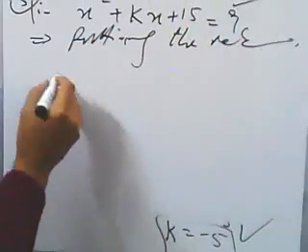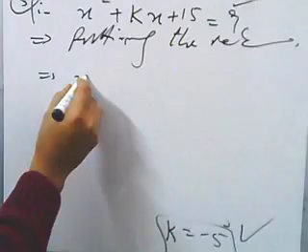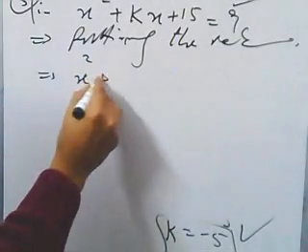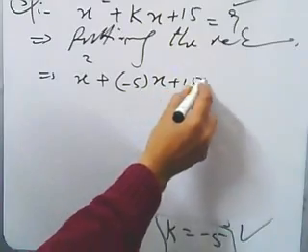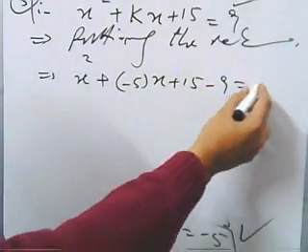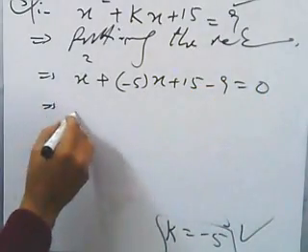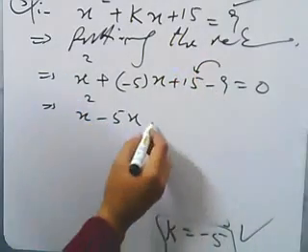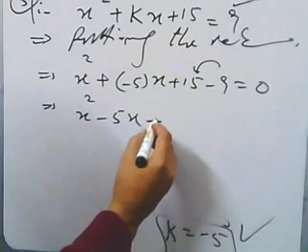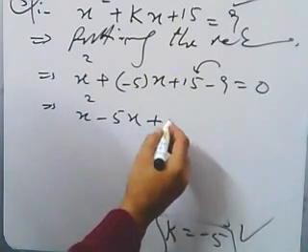So you will see here x square plus the value of k is minus 5x plus 15 and minus 9 is equal to 0. So x square minus 5x, so these two gives us plus 8.